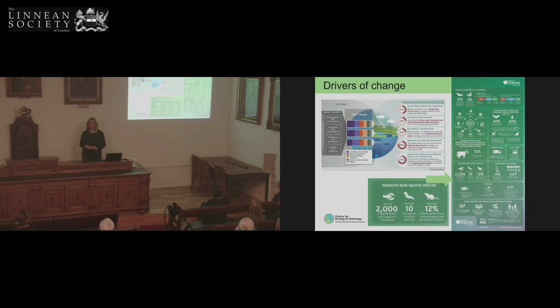And when we begin to think about these drivers of decline, obviously climate change is one of the headline factors that is changing the world in which we live and changing that world for the wildlife that many of us love and we all rely on. But when we look at these different drivers of change, we can also see that invasive non-native species are one of the key drivers of change as well.